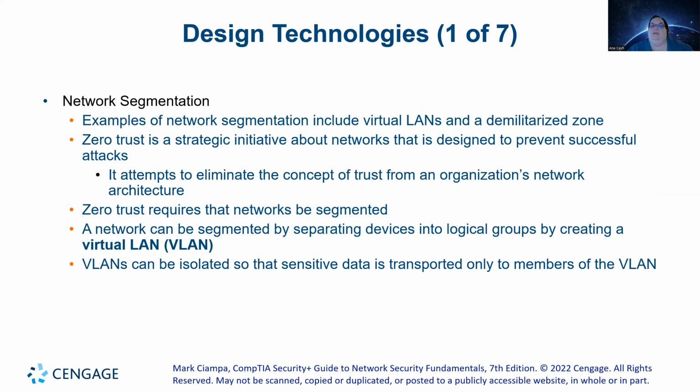It attempts to eliminate the concept of trust from an organization's network architecture. Zero Trust requires that networks be segmented. A network can be segmented by separating devices into logical groups by creating virtual LANs or VLANs. VLANs can be isolated so that sensitive data is transported only to members of that VLAN.